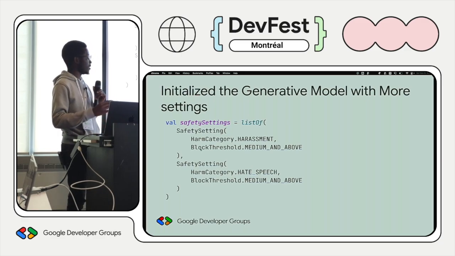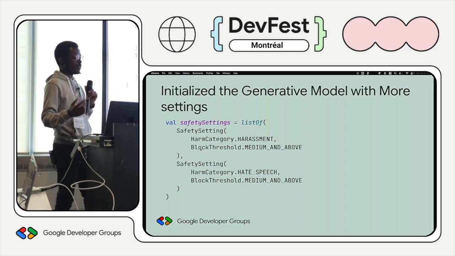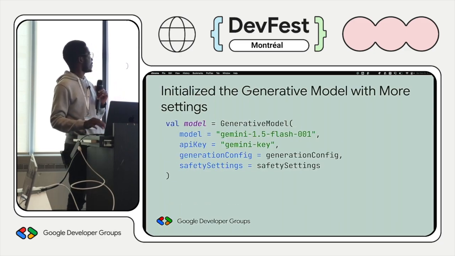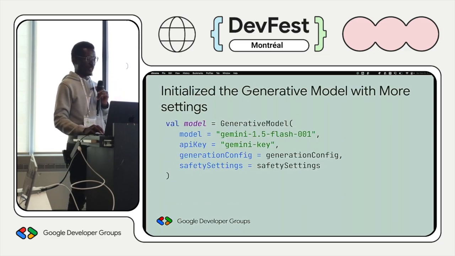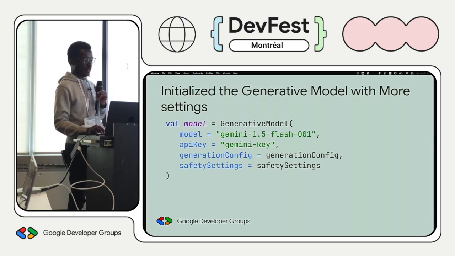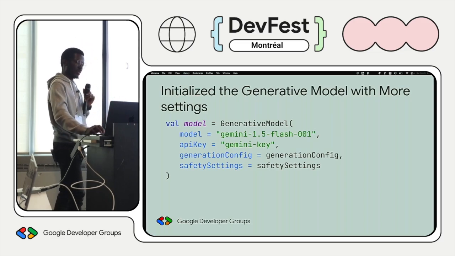Here you can define some configuration related to hate speech, harassment, and so on. After you have all those configurations, you just need to set them into the model, and you will now have a model that is set according to those parameters.